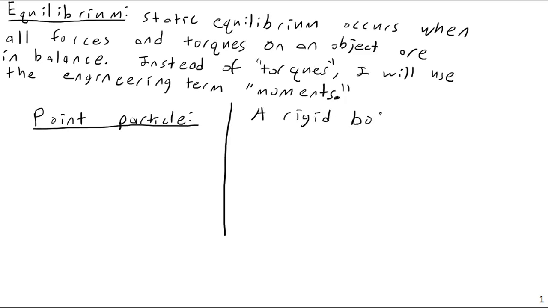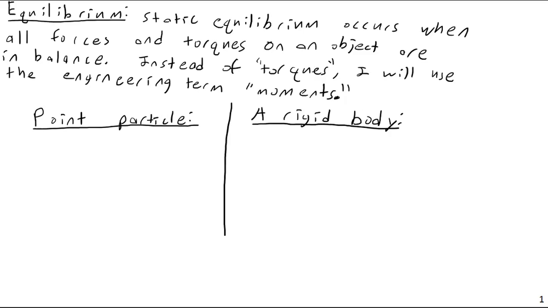What I mean by a rigid body, we defined what rigid bodies were in the first class: something that doesn't deform. But in this case, specifically, I mean something that actually has some size to it, some dimensions. A point particle, by definition, there's one of the ancient Greek seminal works in geometry, I wish I could remember which text it was, might have been Pythagoras or something like that, that starts off with a rigorous definition of what a point is.